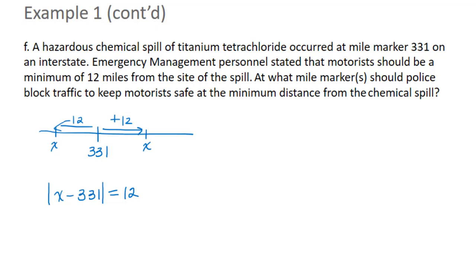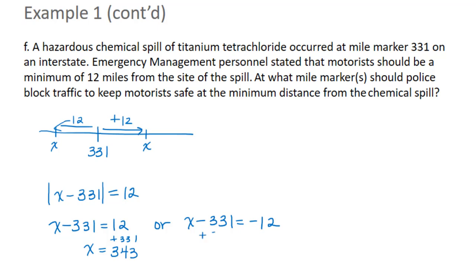And then we can say that X minus 331 has to equal positive 12, or X minus 331 is equal to negative 12. So to solve each equation, we're going to add 331 to each side. So 12 plus 331 is 343.